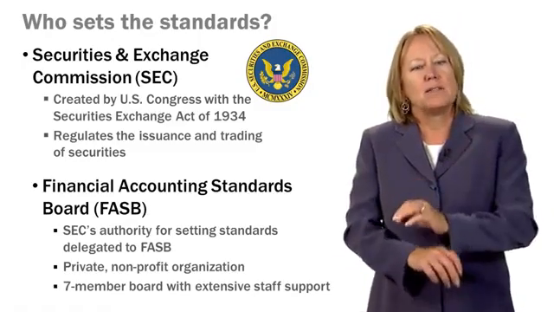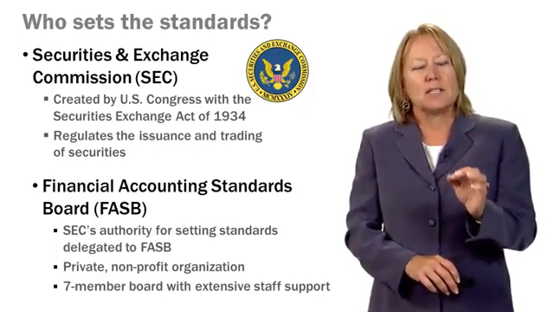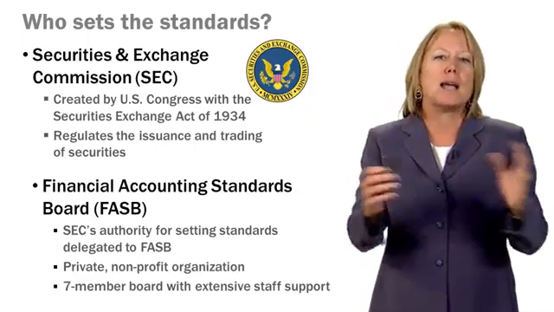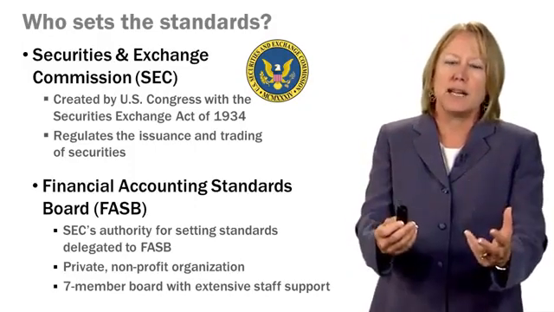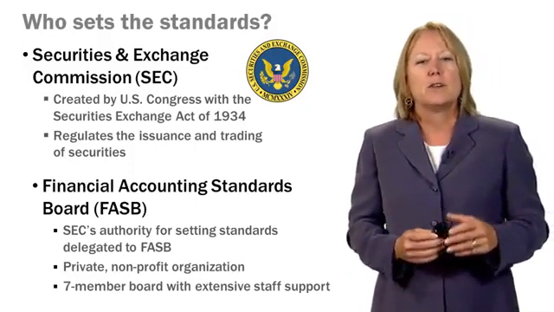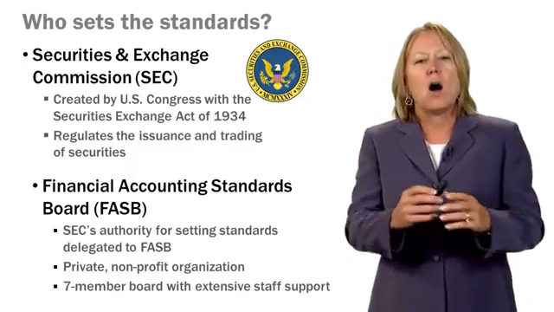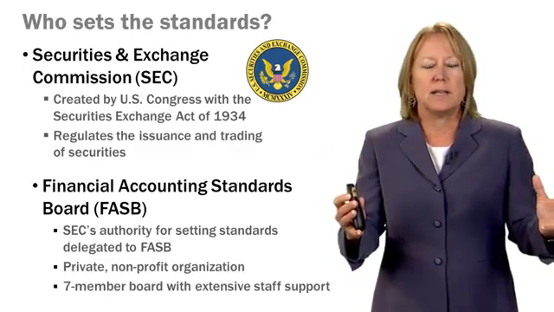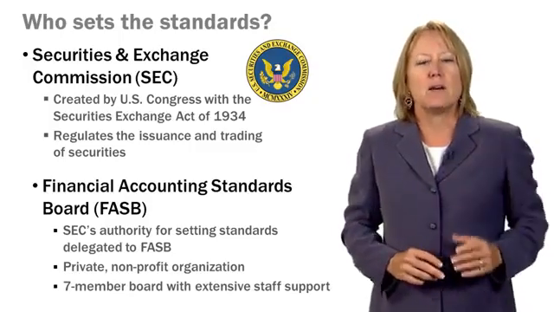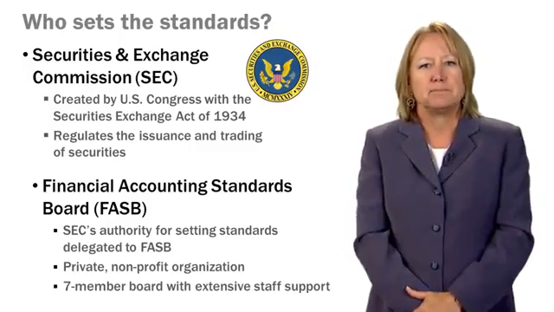But importantly, they have representatives on the 7-member board from a variety of backgrounds. There's an academic on the board, there's representatives from the financial analyst community, there are representatives from industry, all with the intention of getting a wide range of perspectives in play when the accounting standards are set.